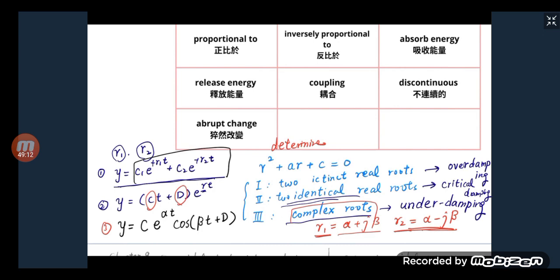It's something like this one. So here the alpha and beta are given, but the two free constants c and d, one is the amplitude, and the other one is the phase. Any questions? So it's all about mathematics, all about second order differential equations. Any questions?